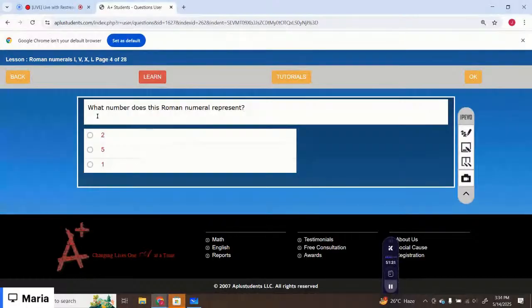What number does the Roman numeral represent? Option number 3 is the correct option. That represents 1.